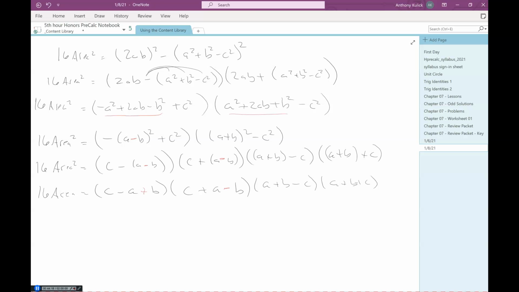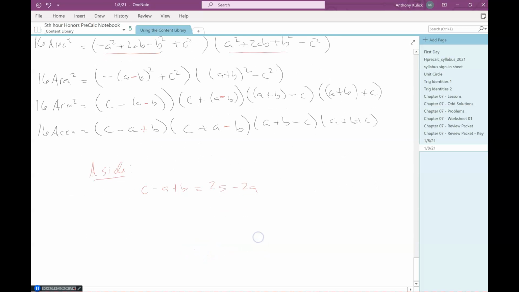All right. So I'm going to make a little claim here as an aside. So c minus a plus b, I'm going to claim is equal to 2s minus 2a. So remember, s is a plus b plus c divided by 2.